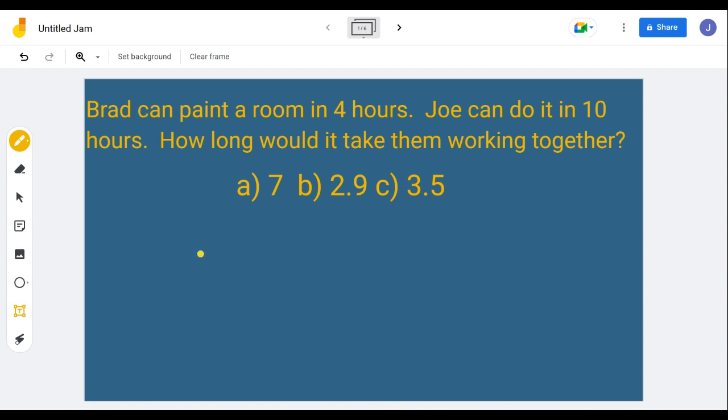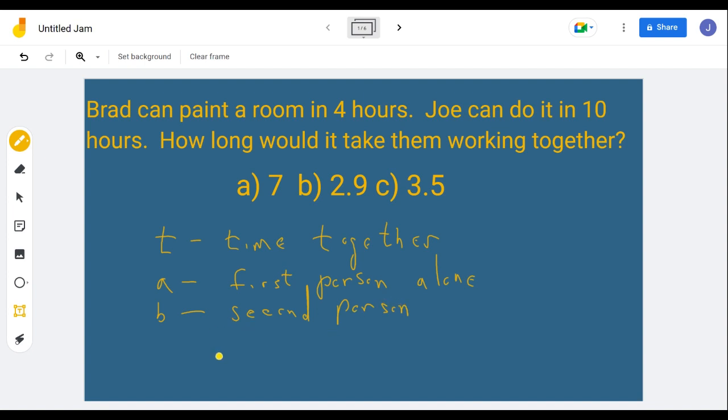Let T be the time it takes for them to do it together, and let A be the time for the first person alone, so if the first person did the task completely alone, that's his time, and B would be for the second person alone.